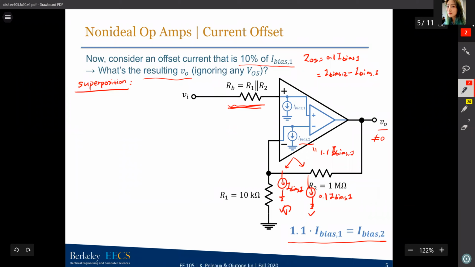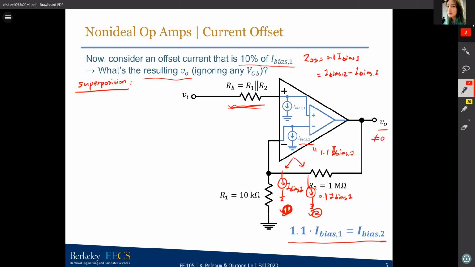So this will be our first case. In the first case, we just use I bias 1, and we calculate the voltage V out in the first case. We use the 0.1 I bias 1 in the second case, and we calculate the voltage V out in the second case. Your final V out will just be the sum of the outputs in the two cases. So that's how the superposition works.